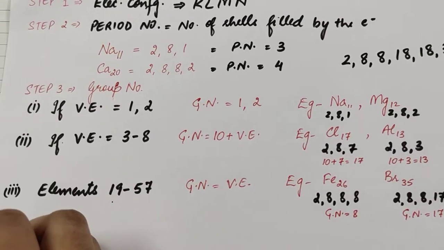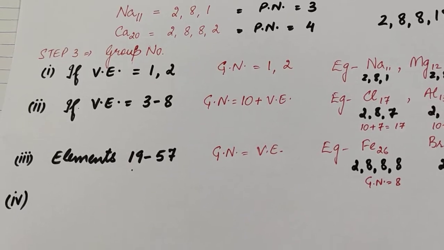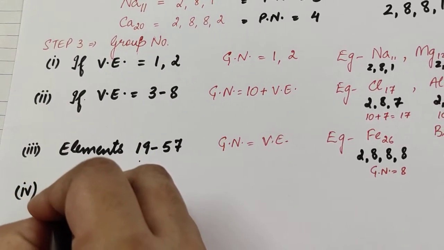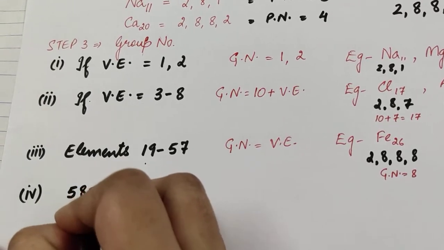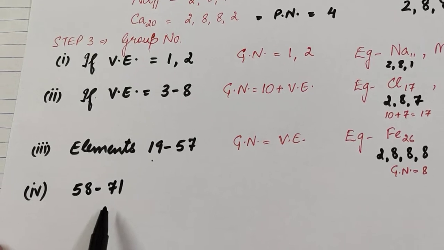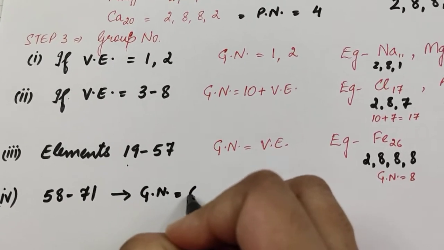Let's go on to the fourth sub-step. The fourth sub-step is for lanthanoids and actinoids. So my dear friends, if the elements are ranging from atomic number 58 to 71, then the group number will be 6.